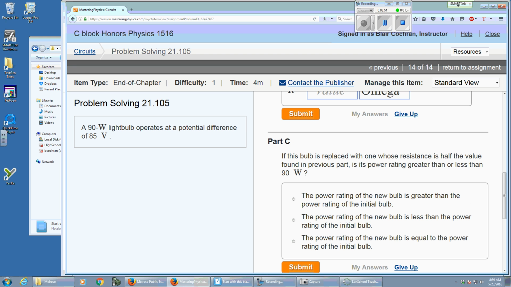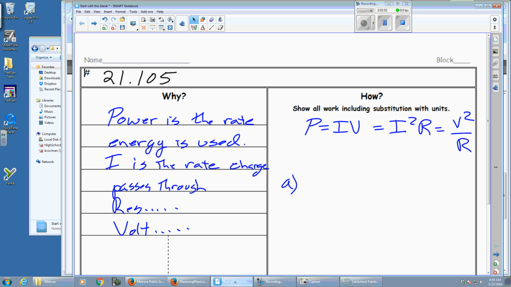So looking back at our equation, if R is half the value, what's that going to do to the power? Increase. If the number on the bottom of a fraction gets smaller, does that increase or decrease the overall value? Well, let's think about it. Which is smaller, 1/10 or 1/20? 1/20 is.